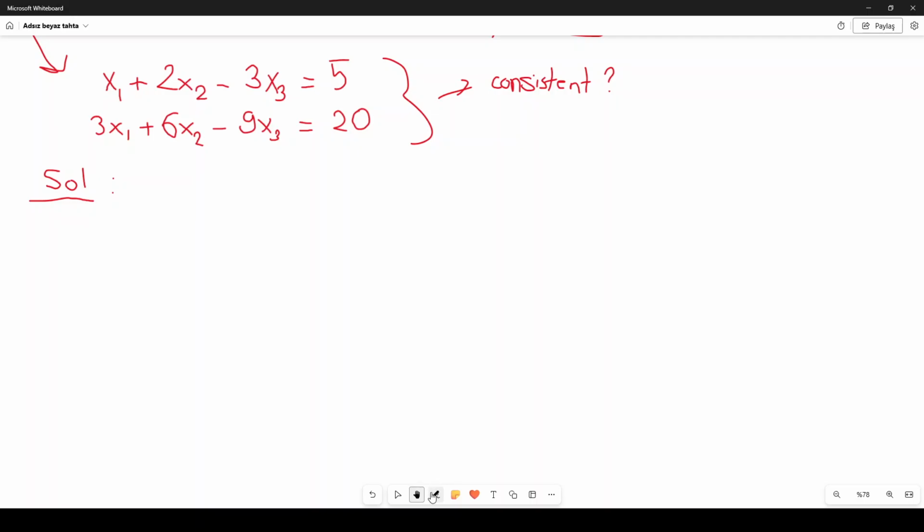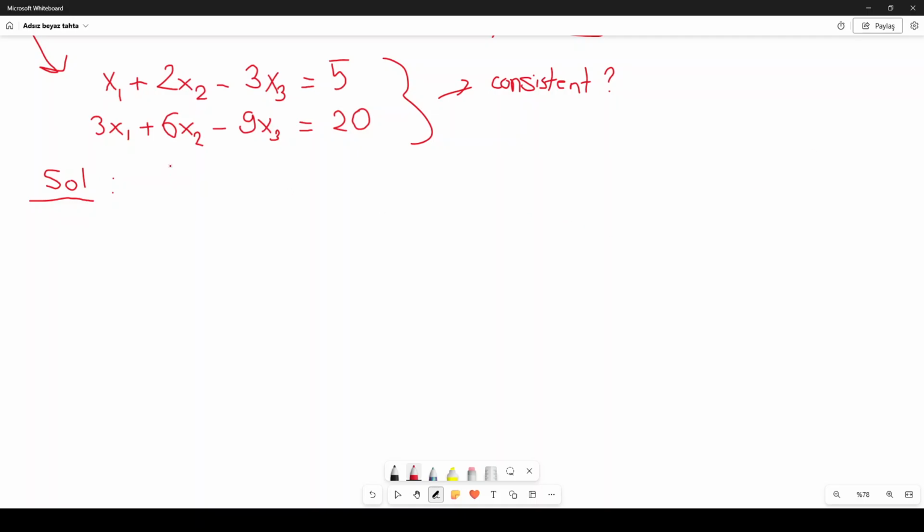To be consistent, this system must have at least one solution. It could be the unique solution case or the infinite solution case, but it must have at least one solution. Then we can say that yes, this system is consistent.